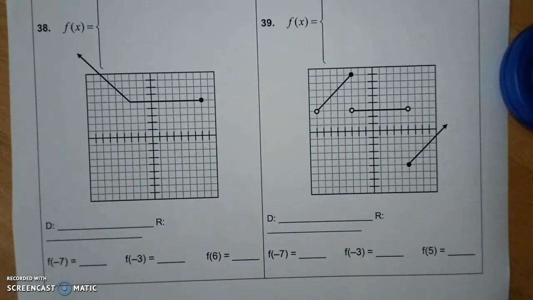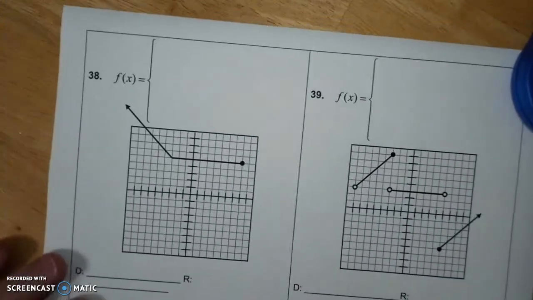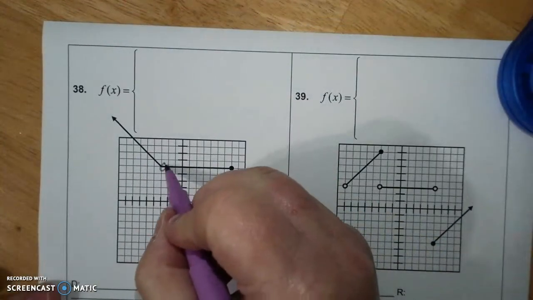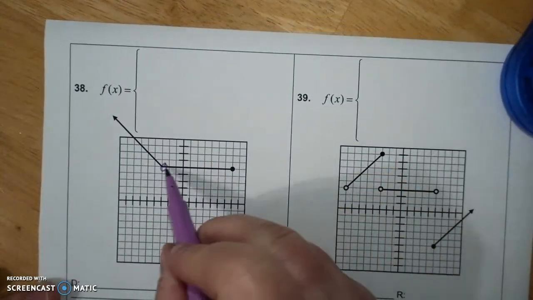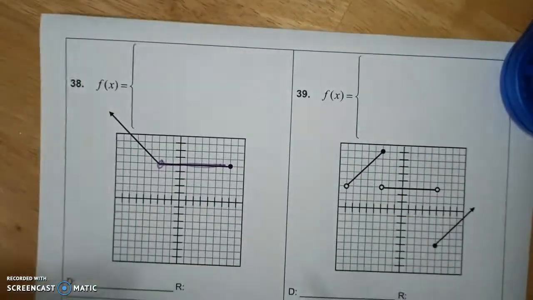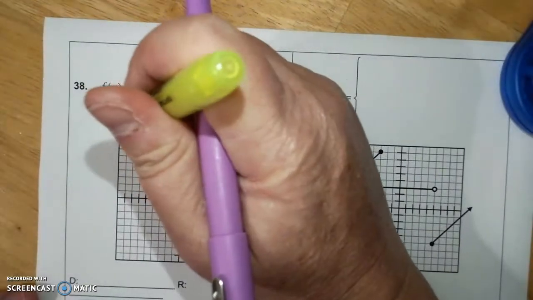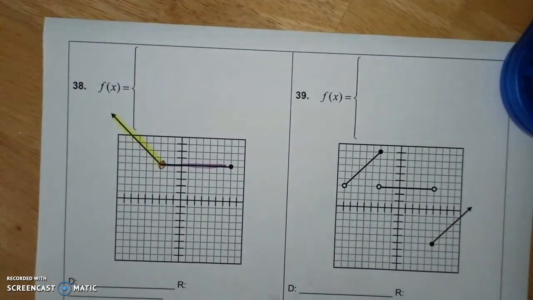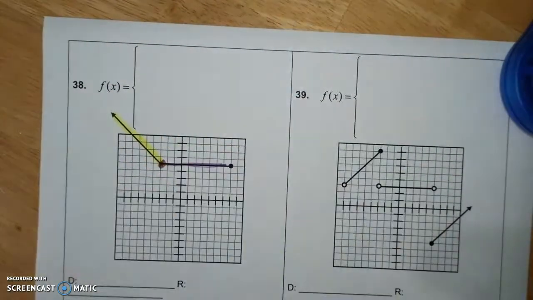Next part. Going to have to write an equation. There's two pieces. And so there's a piece here, a purple piece, and a yellow piece. And that's the hinge point.